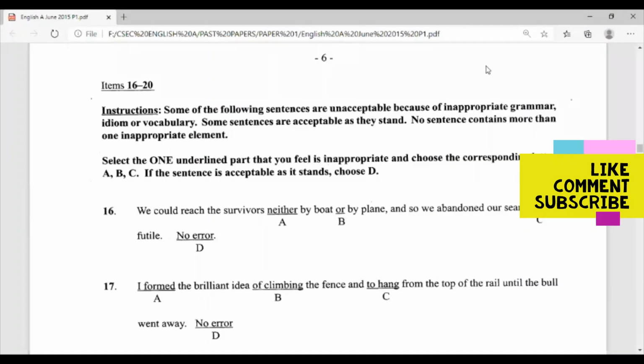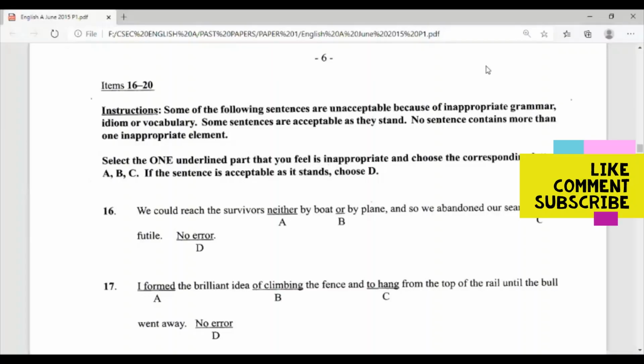We're now at items 16 to 20. In this section, we're looking at whether or not you'll be able to tell if a sentence is okay as it is presented, or if there is something wrong with it because maybe there are grammatical errors, maybe the choice of words were off, or maybe just expressions used in the sentences do not fit in terms of getting that meaning out.